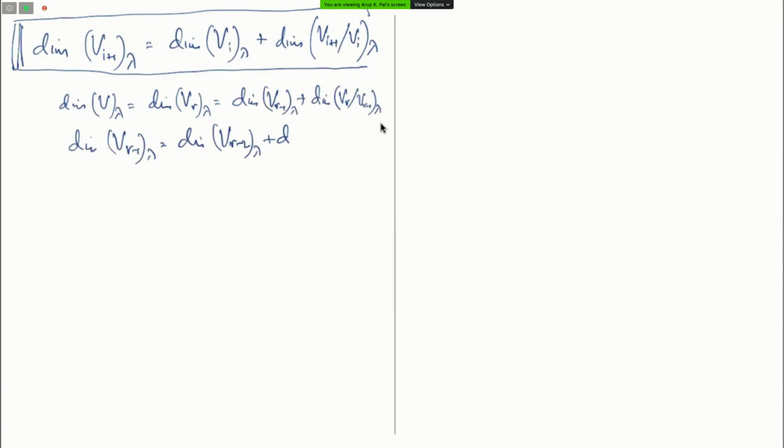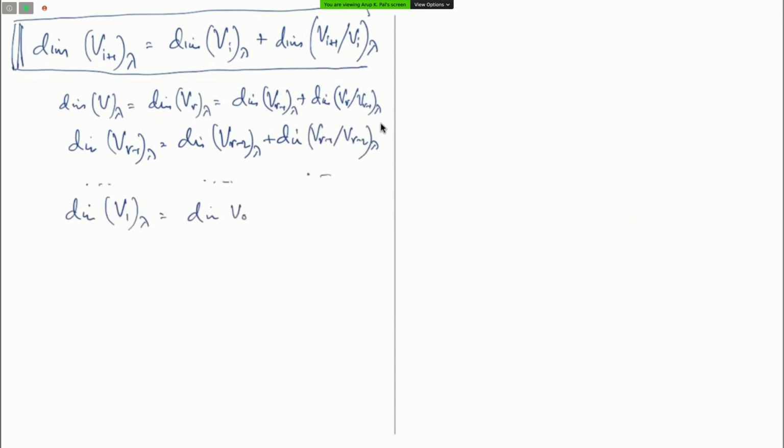So in dimension of what was the first one? The dimension of V1 quotient V0. That is the dimension of V1. V1 lambda is equal to the dimension of V0, which is 0.